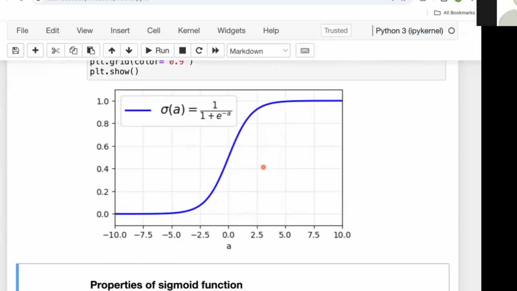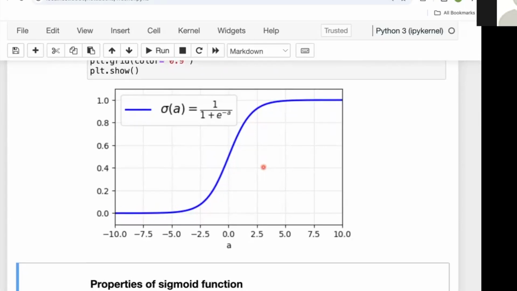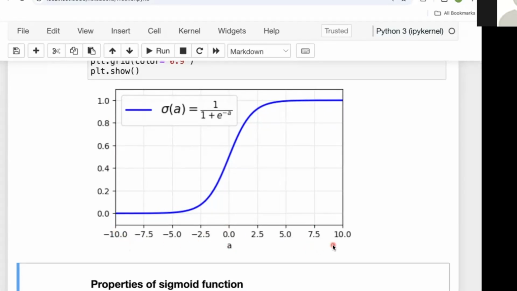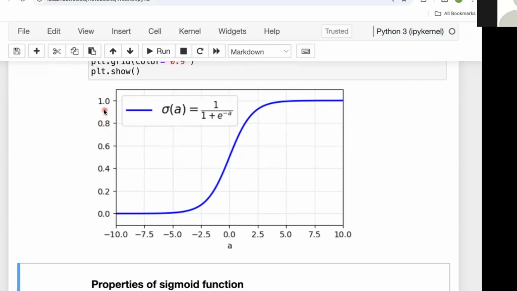This is our sigmoid or logistic function. And something I want you to pay attention to is that the input to this function is obviously a real valued number from -10 to 10. But something very interesting is that the output looks like it's always from 0 to 1.